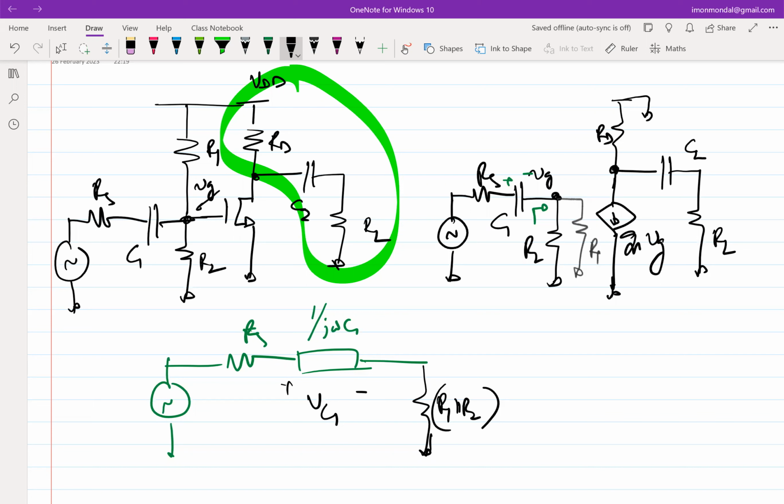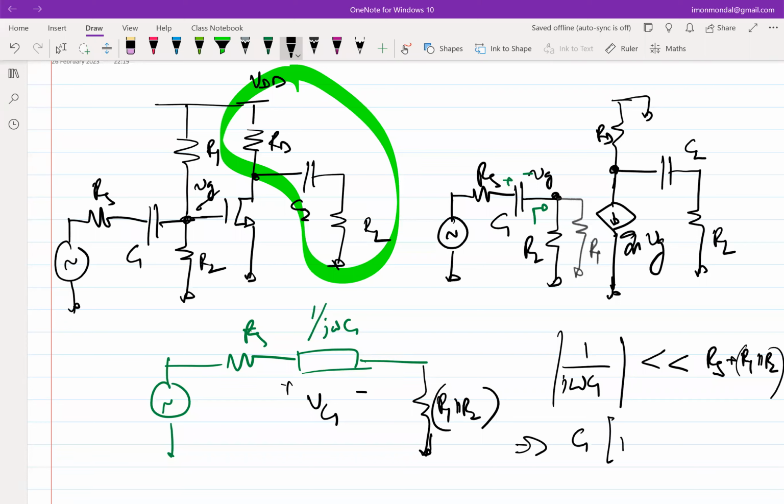So your condition becomes 1 over omega C1 should be much less than RS plus R1 parallel R2. And then you get the relation that C1 times RS plus R1 parallel R2 has to be much lesser than 1 over omega.